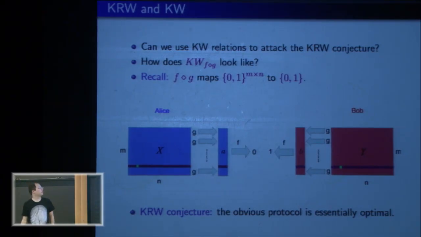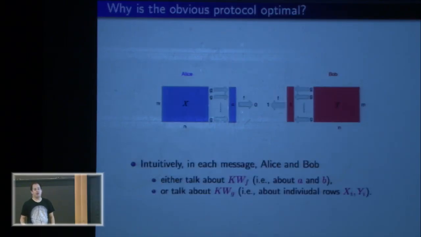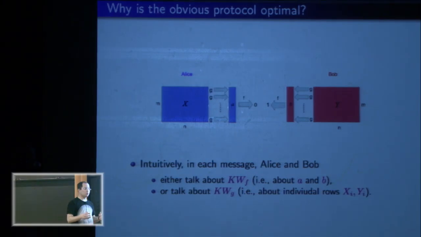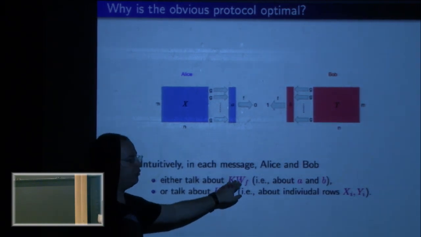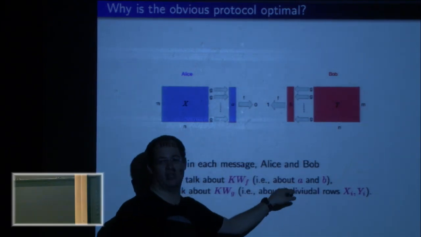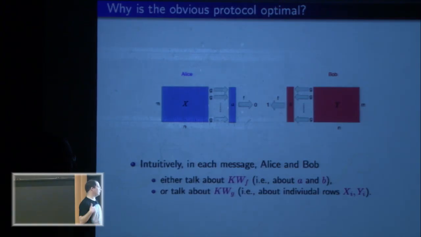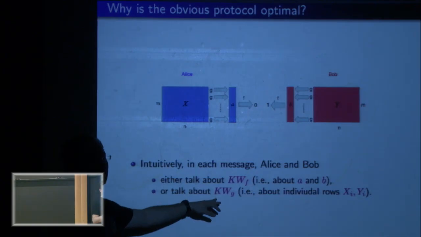Okay, so this was the background. Now let's talk about how we prove that the obvious protocol is essentially optimal. So why should we believe that it's optimal? In order to gain some intuition for why this protocol is optimal, let's pretend that in each message, Alice and Bob either send a bit about the Karchmer-Wigderson relation of f, that is, they send a bit about A and B, or they send a message about the Karchmer-Wigderson relation of g.